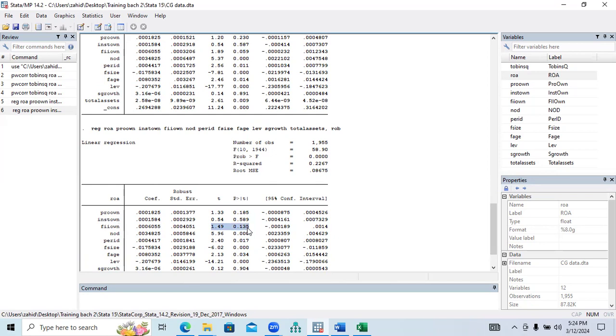The t value has decreased, and it also changed the p value. So it has become insignificant now. You can also see the constant value. Previously, it was 5.37. Now it is 5.96.